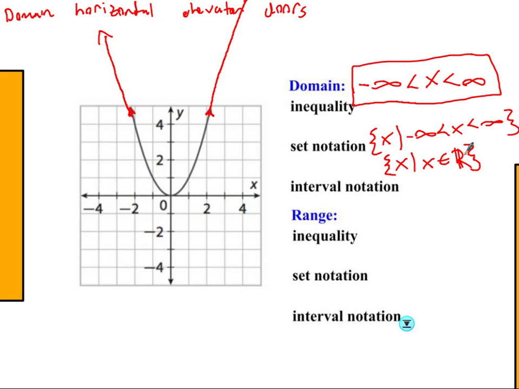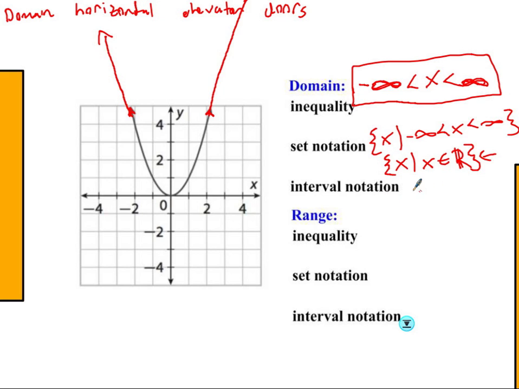So x is the element of the real numbers. So let me read this line by line. x such that x is an element of the real numbers. So this right here is the same thing as this. So either one is an acceptable answer. And the only reason we can use this right here is because we have infinity as our largest value and negative infinity as our smallest value.